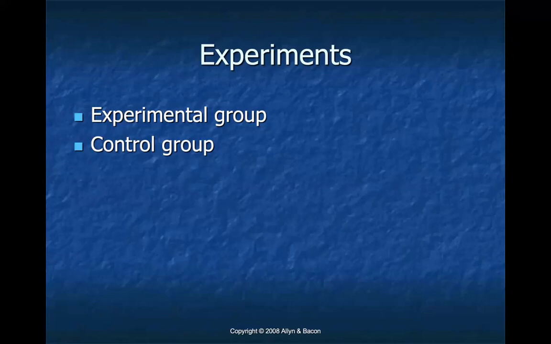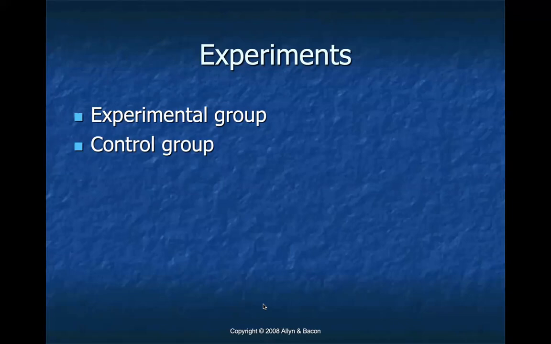So let's say I wanted to know if temperature changes the amount of sweat that your pores produce. I would have 2 rooms of people, randomly selected, because you don't want any bias. And we would start out with the same temperature, let's say 70 degrees in both.